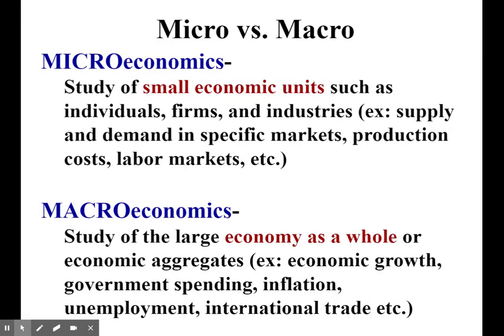So understanding things like government spending, economic growth, unemployment, international trade, all done in a global or large scale macro study. So those two differences are really key, and I can almost guarantee that in a multiple choice question, you will have to answer what is the difference between these two studies, or how are these two ideas different?